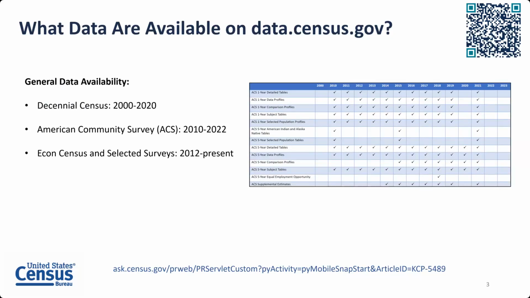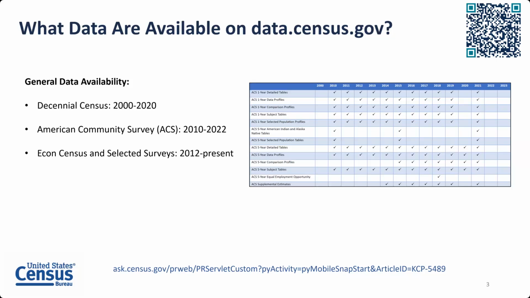This includes, on a high level, the decennial census data dating back to the 2000 census through the most recent 2020 census data tables, American Community Survey data up through the release of the 2022 ACS one-year estimates and dating back to 2010, and various economic census and selected business survey data from 2012 through the most recent release. So that's what you see on a high level on the left-hand side of the slide.